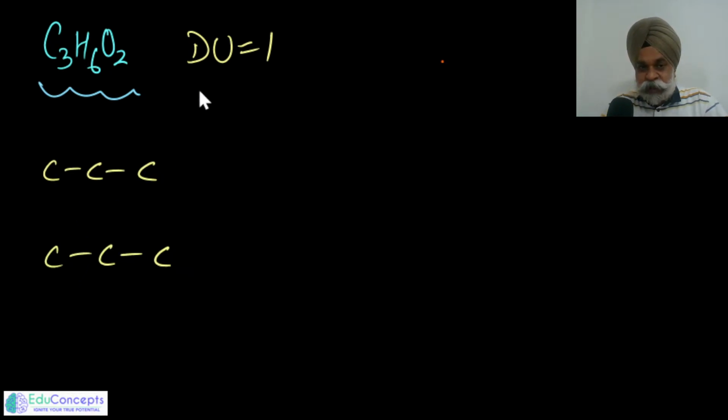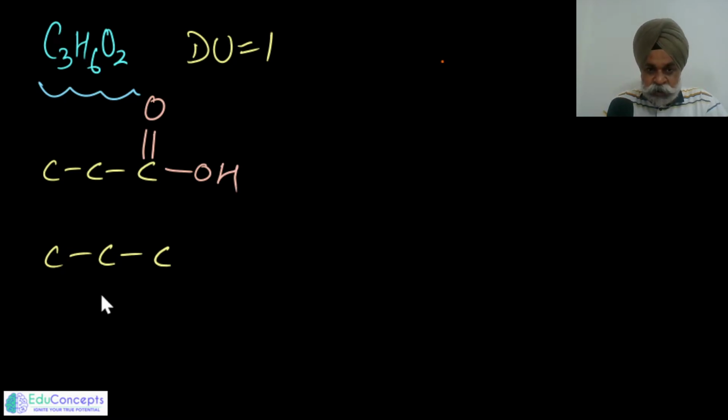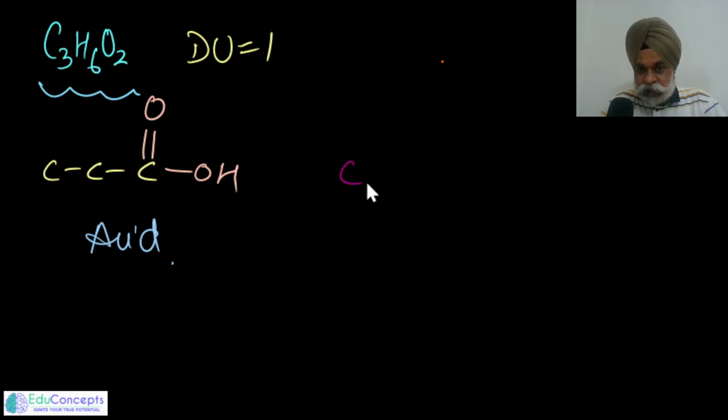If I place the oxygen through a double bond, and 1 oxygen with OH, this becomes a carboxylic acid. And similarly, if I do the other thing around it, this would be said as acid, carboxylic acid, propanoic acid.